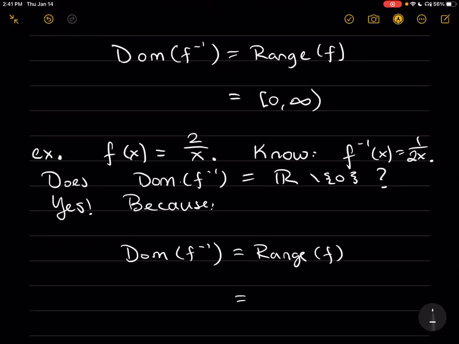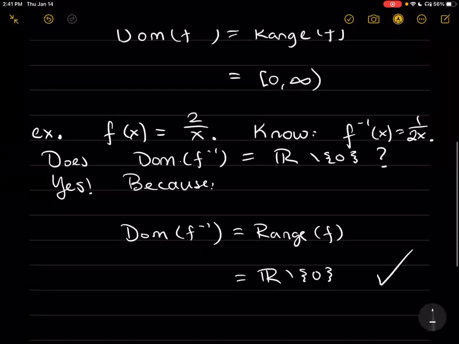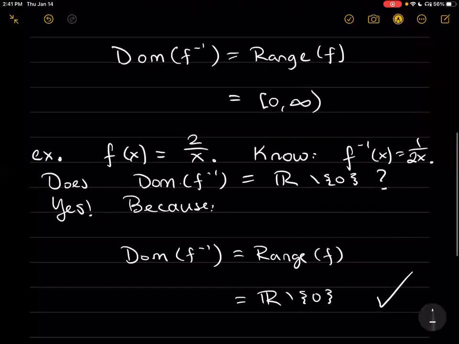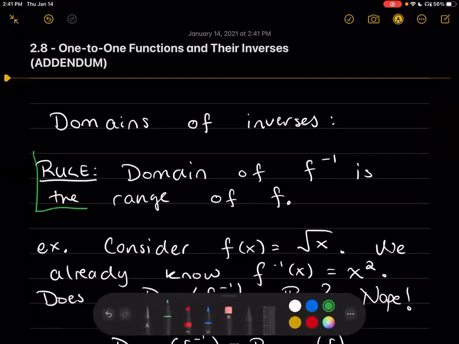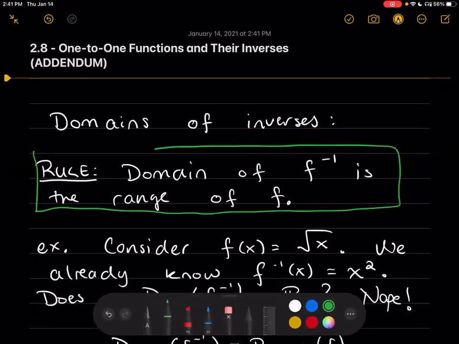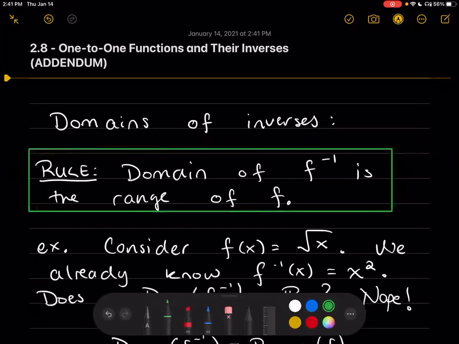The range of that, we know that it can't equal 0 anywhere from previous lectures. And so this, again, is going to be R take away 0. So that checks out. So in summary, remember this rule up here. And I know it seems arbitrary, but I promise it is important.